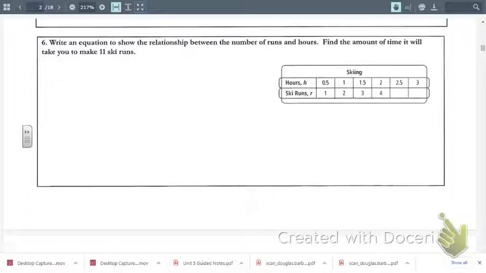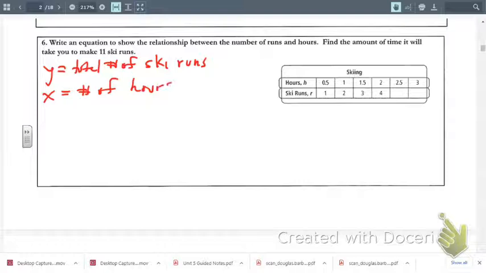We're trying to find the total number of ski runs. So that's going to be what your y is. And then our x is going to equal the number of hours.